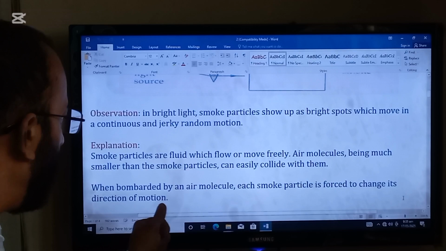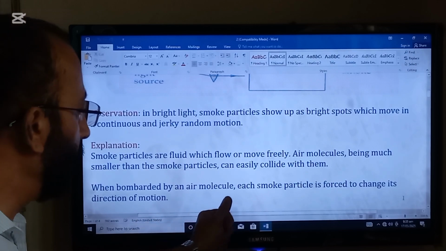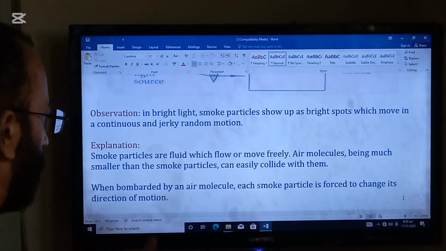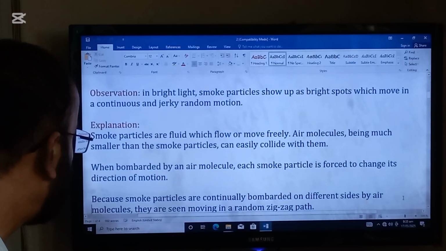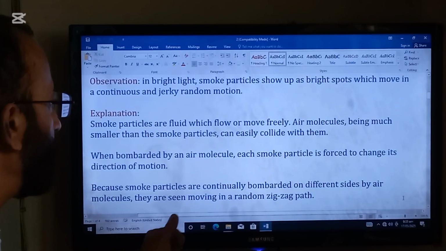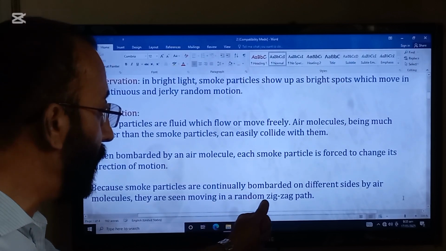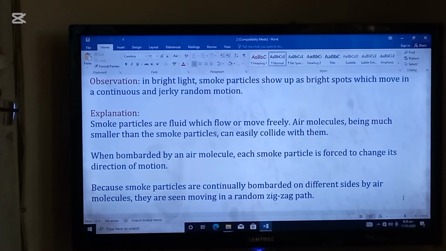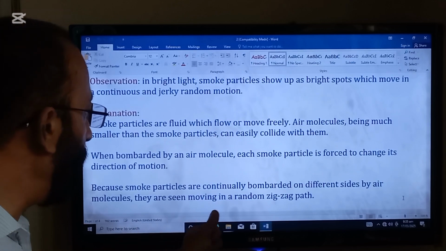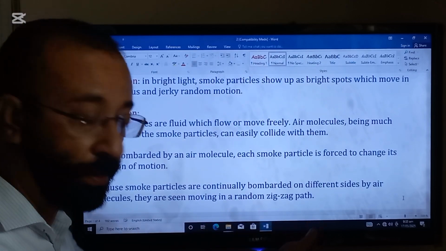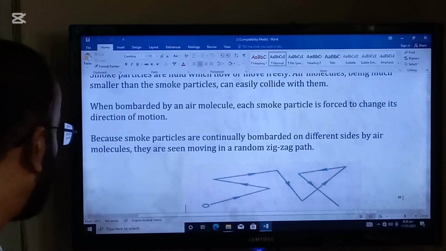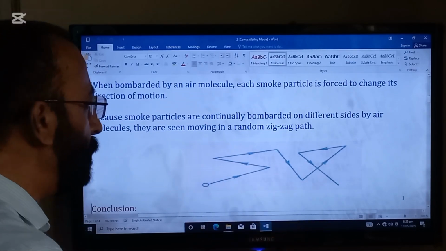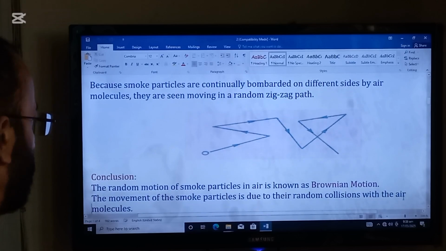When bombarded by an air molecule, a smoke particle is forced to change its direction of motion. Because smoke particles are continually bombarded on different sides by air molecules, they are seen moving in a random zigzag path. Like this. This is a rough sketch of the movement of the smoke particles.